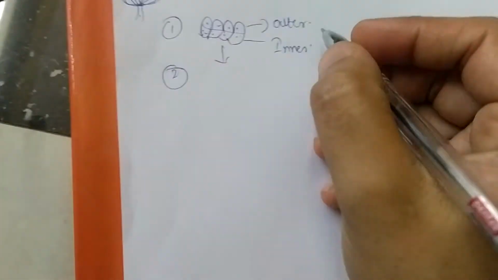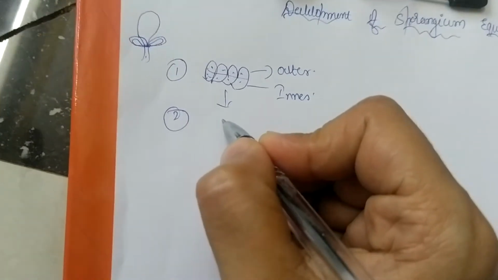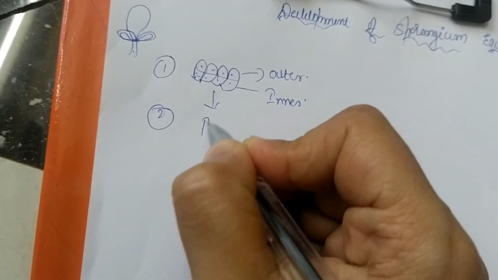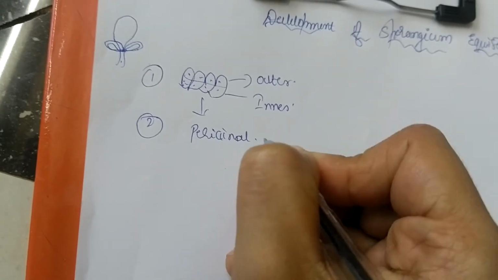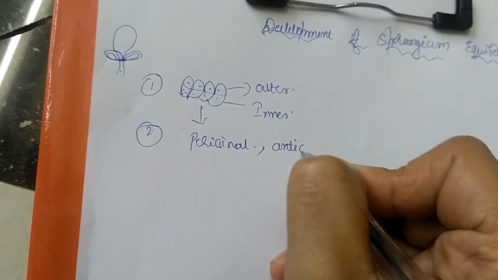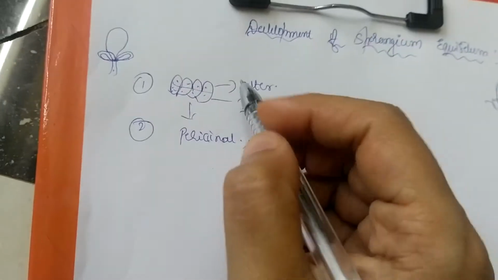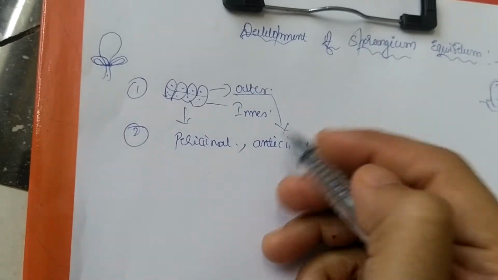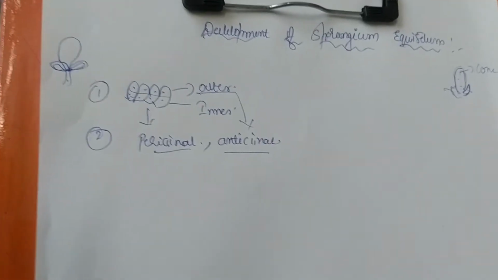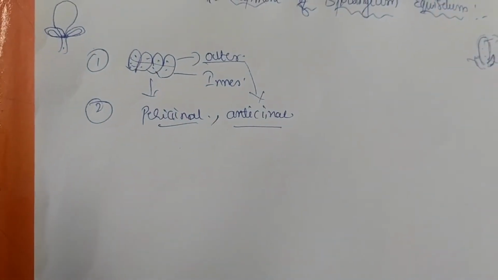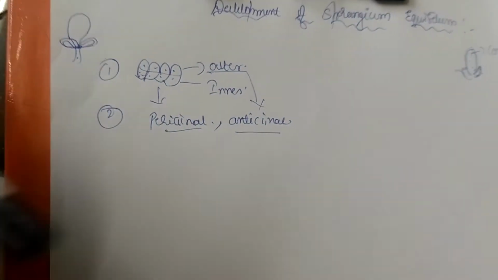Now, this outer cell will divide in more periclinal and anticlinal divisions, leading to formation of irregular tiers of cells.